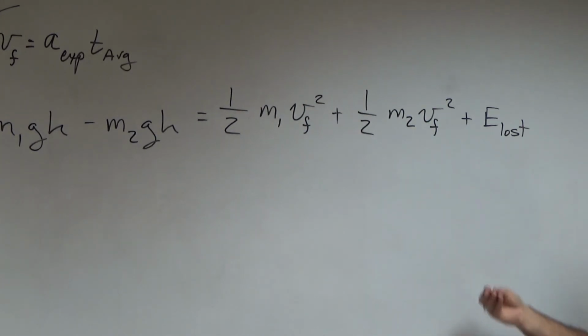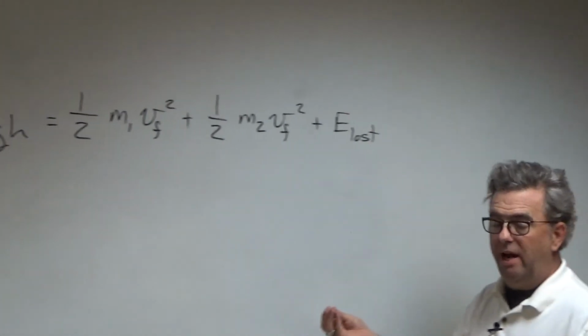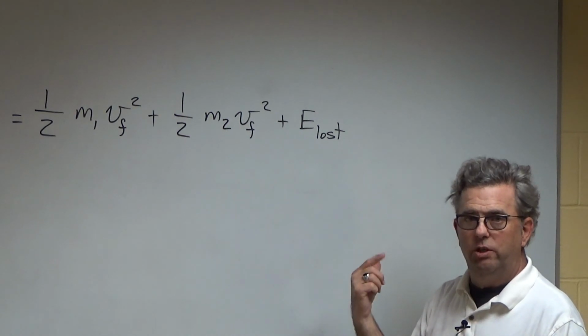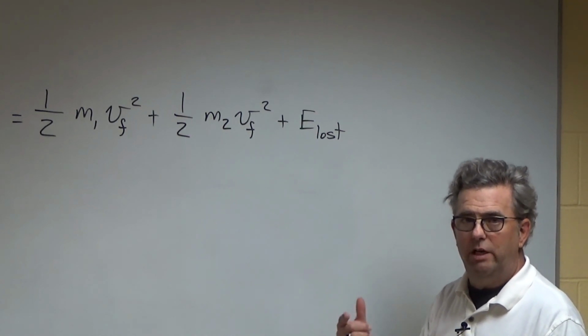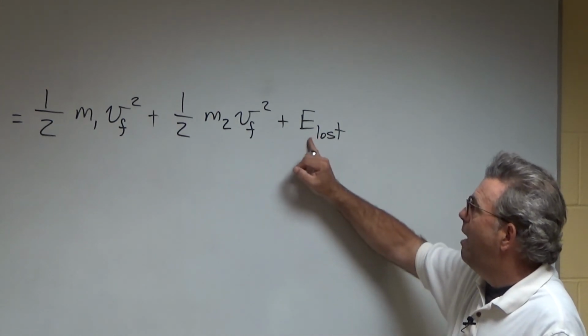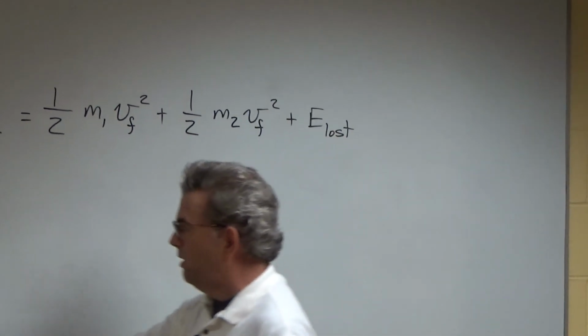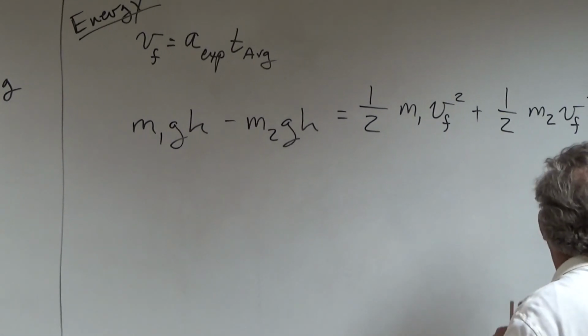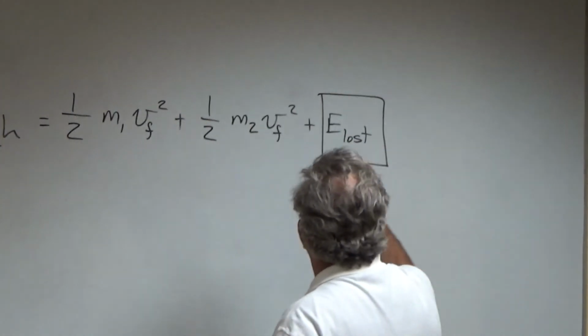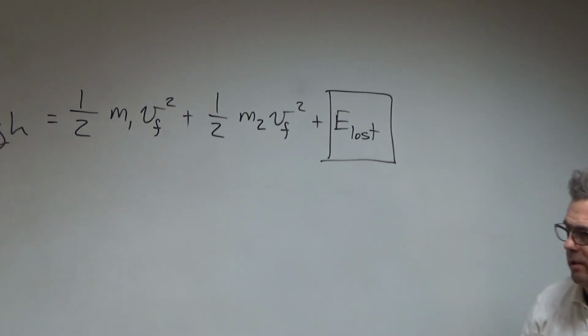So that sort of lumps in the things that I just talked about. The losses to friction, the energy that went into the rotation of the pulley, air drag, those kinds of things. So what I want you to calculate is E lost based on your experimental acceleration and your experimental time.